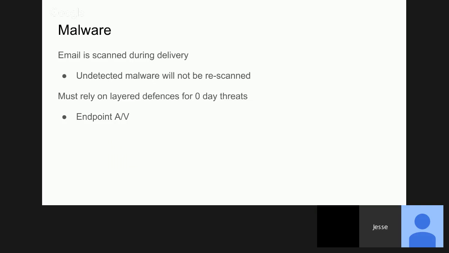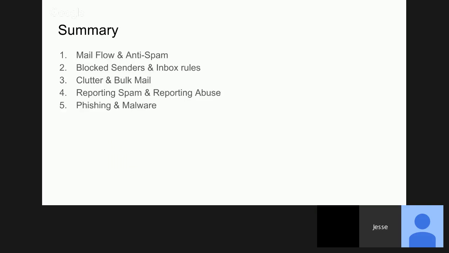So at that point, the user will be relying on their endpoint antivirus solution for detection, and that happens at the point of access of the file. So there's a little bit more time if there's a 0-day threat or something. If the user doesn't check their mail right away, then hopefully their endpoint antivirus has a chance to catch up. That's pretty much it. That's the summary.